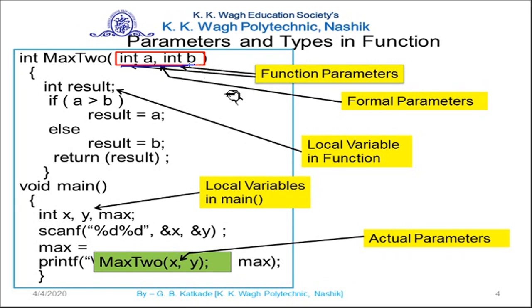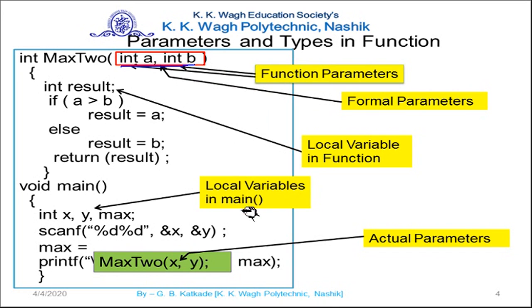The parameters given in the declaration of the function are called formal parameters. Here the formal parameters are two: one is a, the other is b.